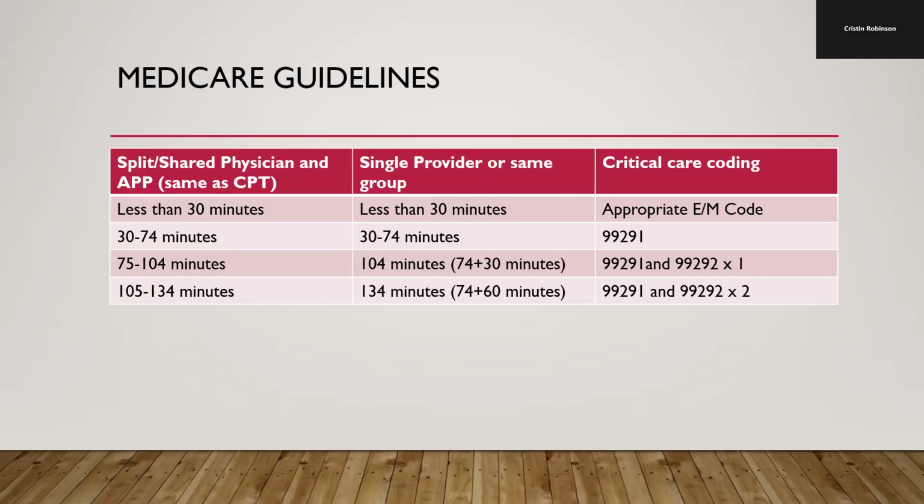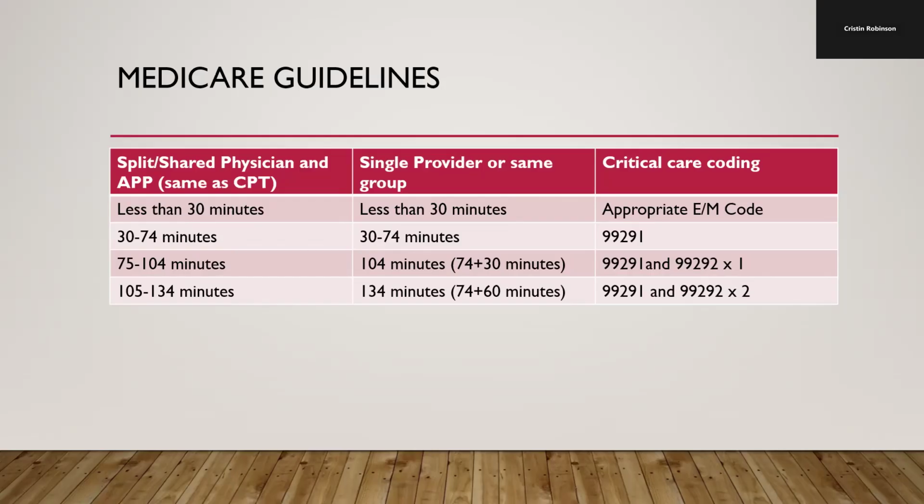Where they differ is when it comes to our units of the add-on code 99292. So if you are billing based on AMA CPT guidelines, once you meet 74 minutes through 104 minutes, you get that first unit of 99292.